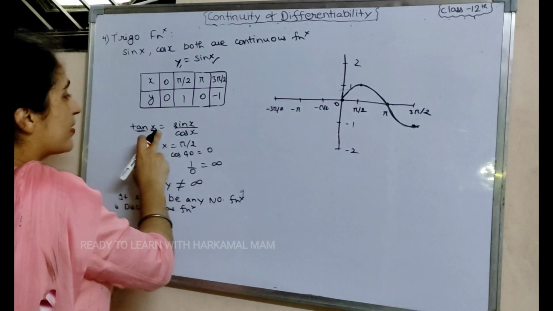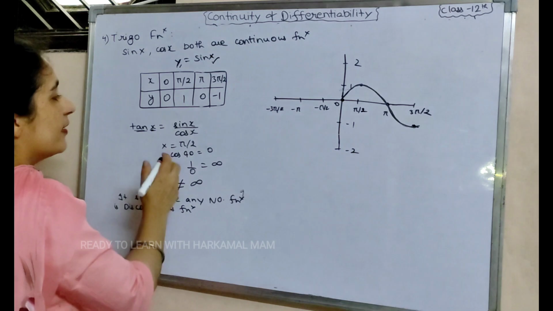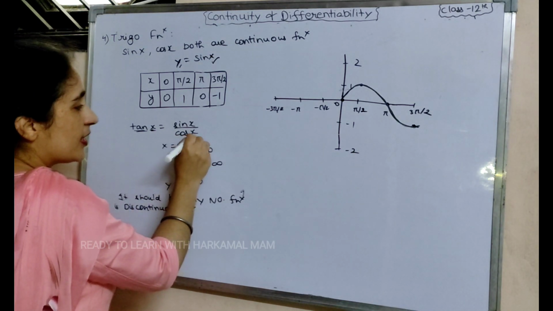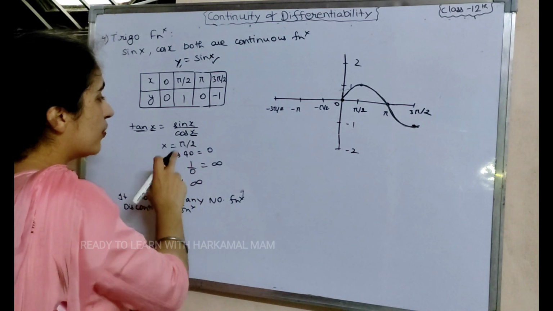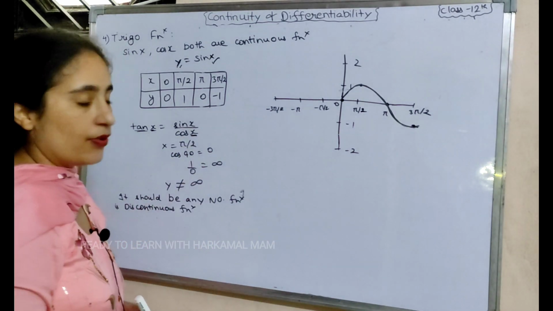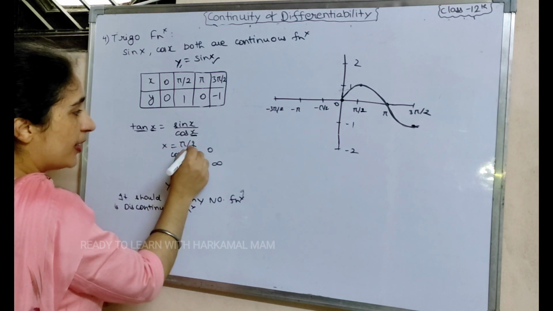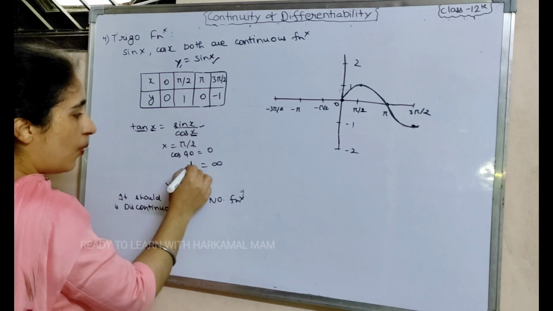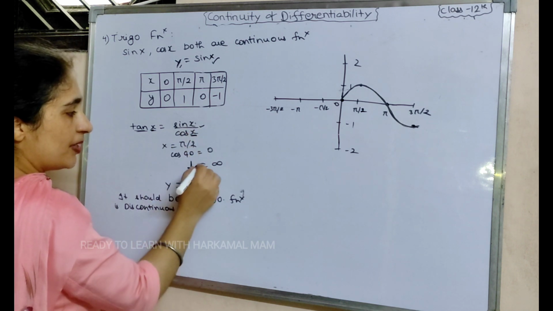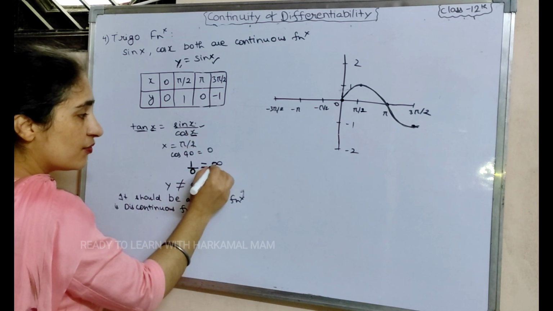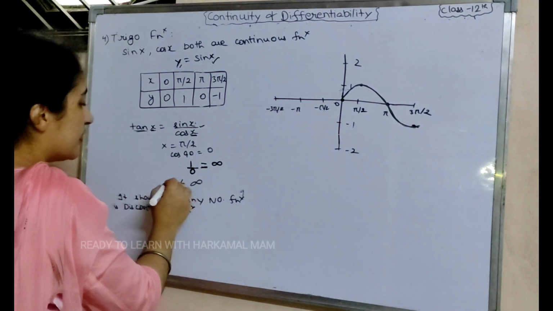So tan x is equal to sin x over cos x, as we know. If we take x equal to pi by 2, cos pi by 2 is 0. So here, when we take x is pi by 2, it becomes 1 over 0. 1 over 0 means the function becomes indefinite.